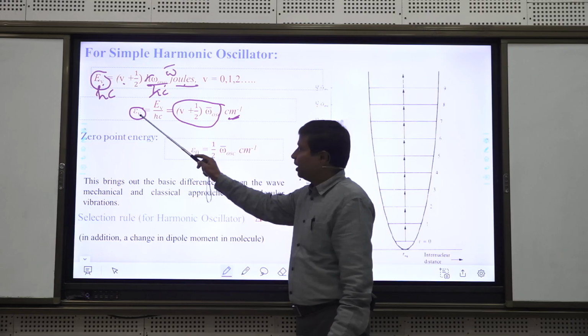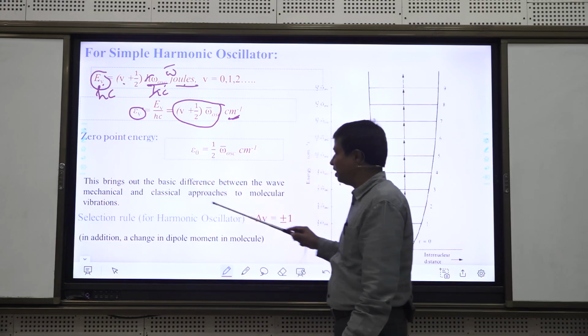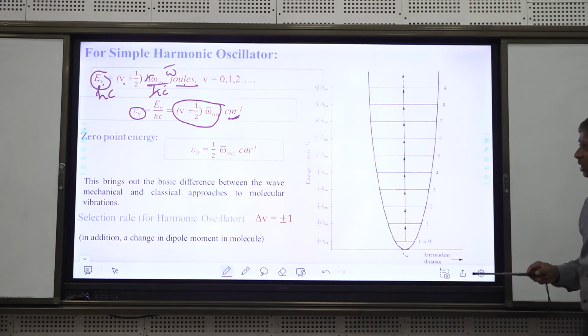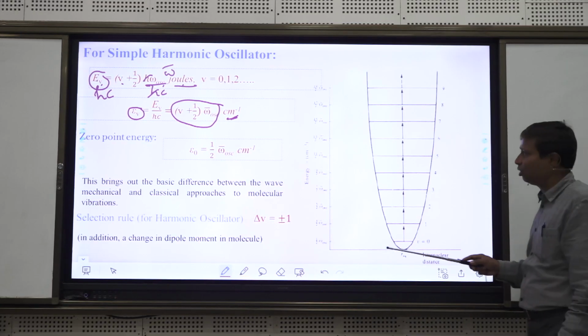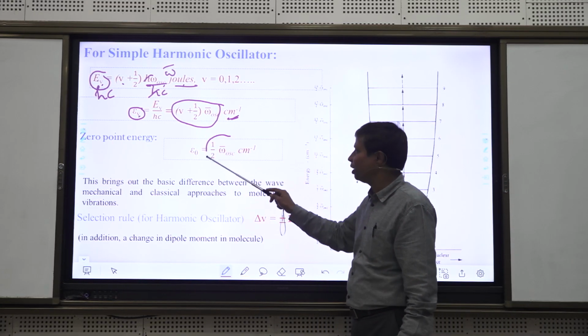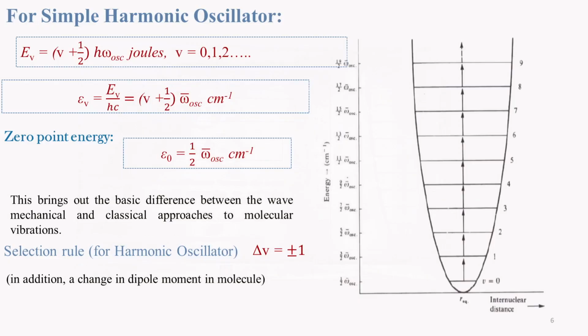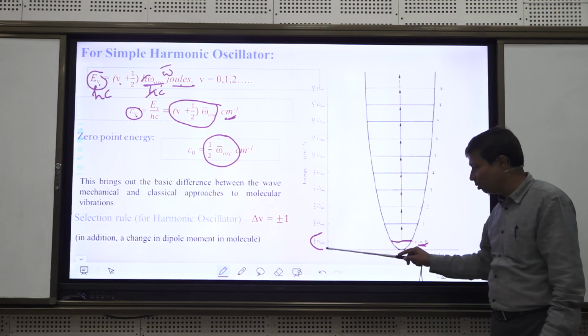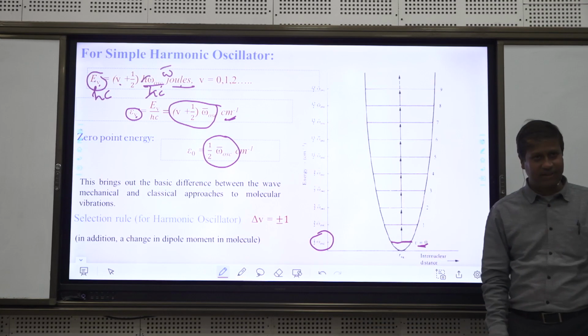Now let us see how the energy levels are. First energy level, ground state, V is equal to 0. If you put V equal to 0, then you have half omega OSC. What is the value? Half omega bar OSC.